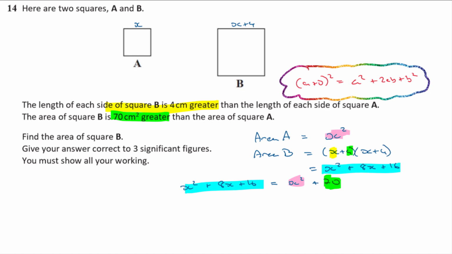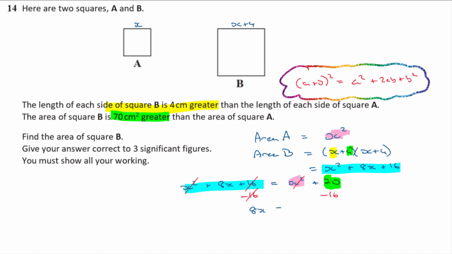Right, so straight away I can cancel these off because x squared equals x squared, so they can disappear. And then I just need to solve it. It's a linear equation in x that I can solve. So if I take 16 away from both sides, I'm left with 8x.